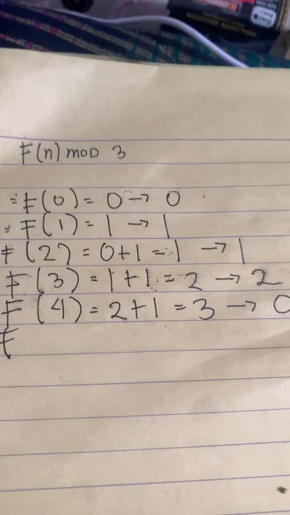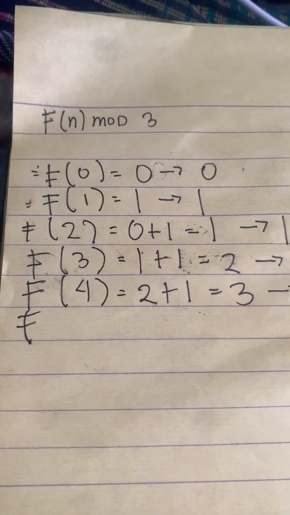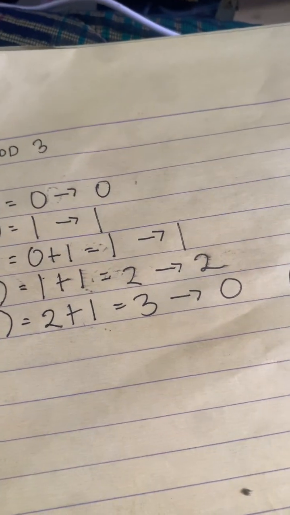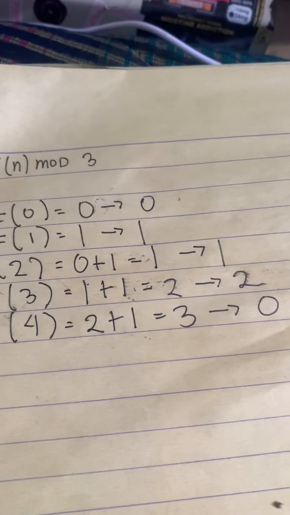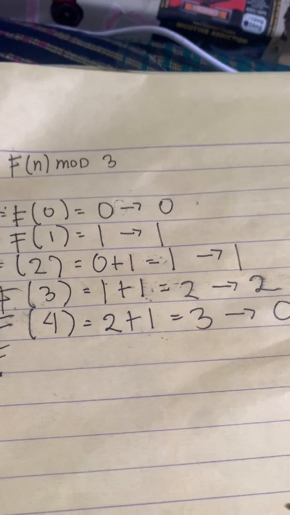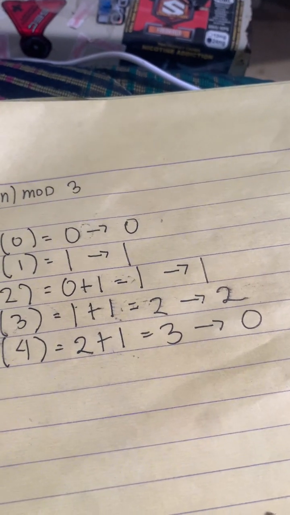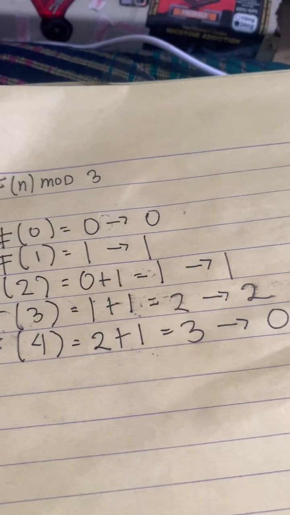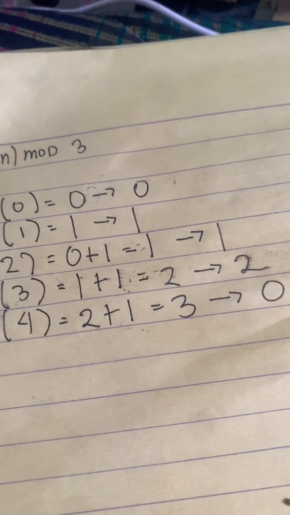Let's see what Fibonacci looks like. We have generated this sequence for our example, F(n) modulo 3. F sub 0 is equal to 0, so our sequence is 0. F sub 1 is equal to 1, so our sequence is 0 and 1.